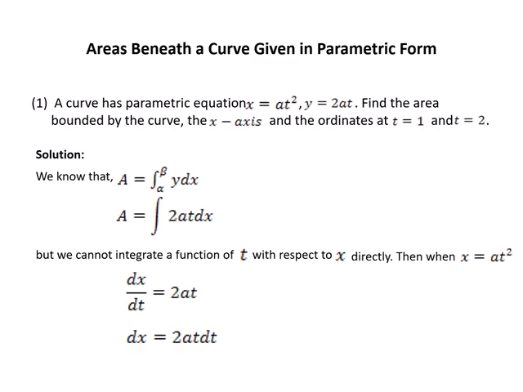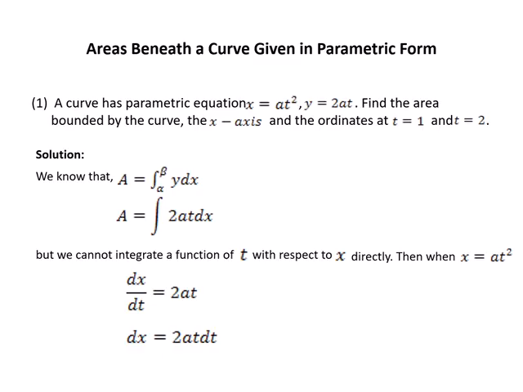Now, since it is given as parametric equations, you will have to change the variable, the x, so that you can find it in terms of t. So how do we go about that? We need to differentiate x equal to at squared. I believe we have done something related the other time.